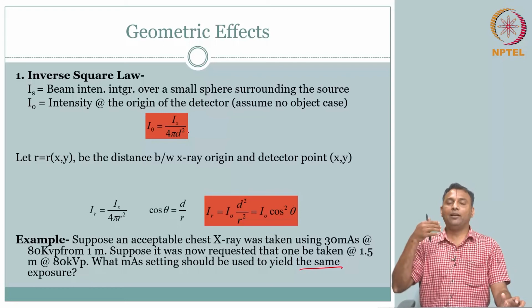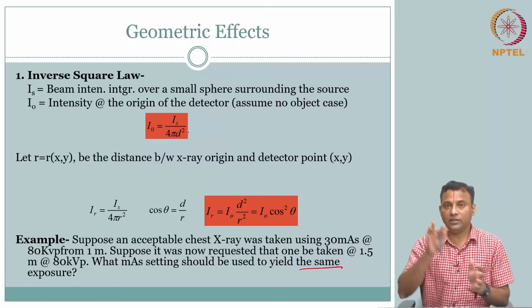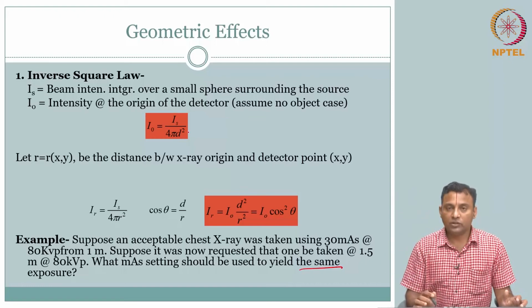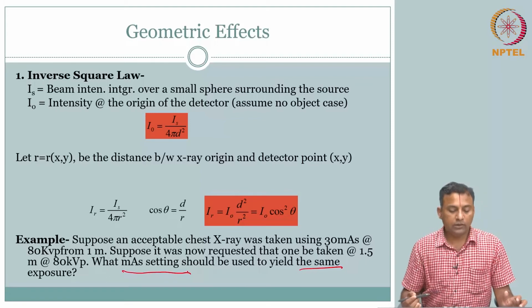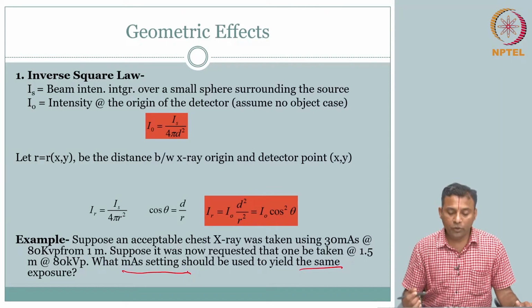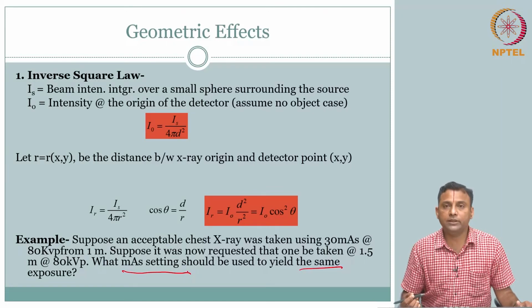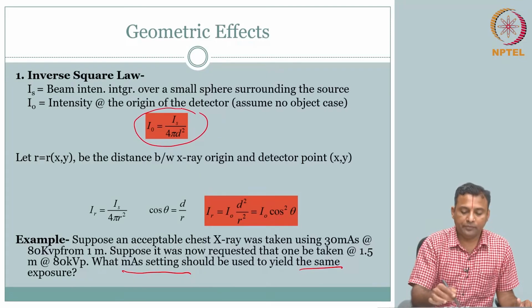If he is moving back, away from the source, you have to increase because it is now diverged. So, the question is, suppose it is now requested, if he is moving, what is the MAS setting to yield the same exposure? Okay, how do you approach this? Well, it is the same law that you need to use.